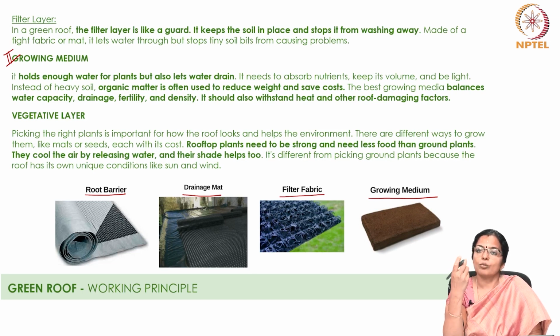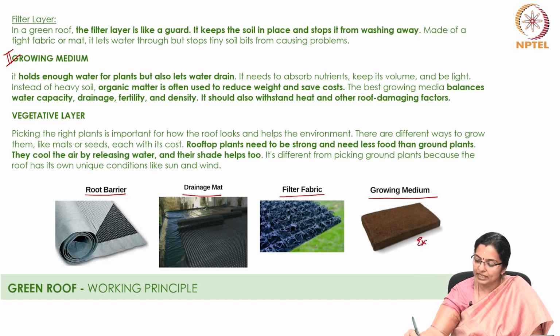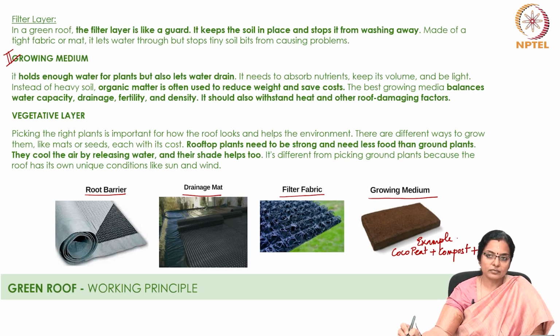Soil is used more like a binder for both of these. So one example of a growing medium is a combination of coco peat plus compost. Compost can be vermicompost, plus soil, red and black soil.